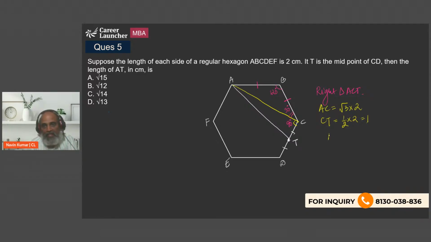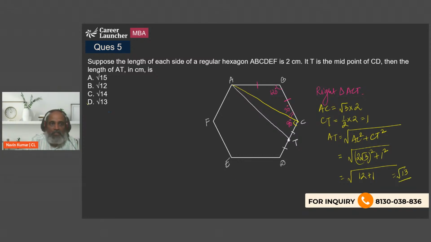And AT is something which we will calculate using Pythagoras theorem, because AT is the hypotenuse of this right angle triangle. So this is going to be 2 under root 3 whole square plus 1 square. So this is going to be 4 into 3, 12 plus 1, which will result in under root 13. So the length of AT is under root 13.